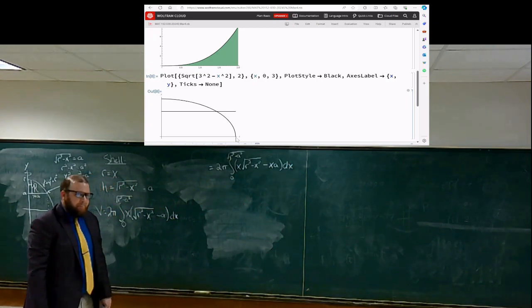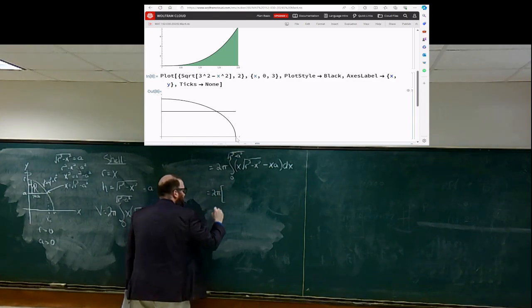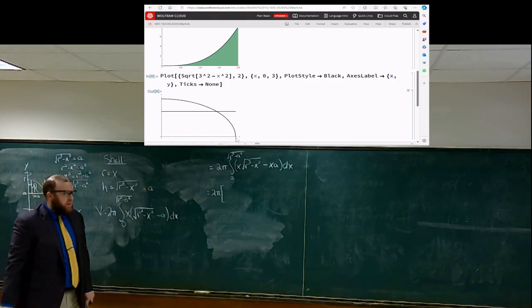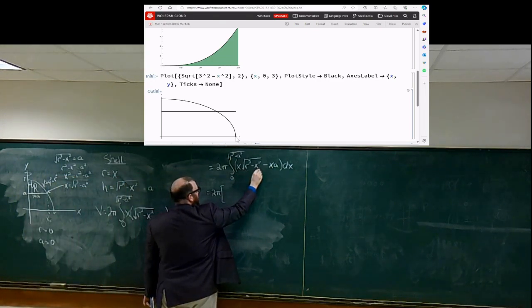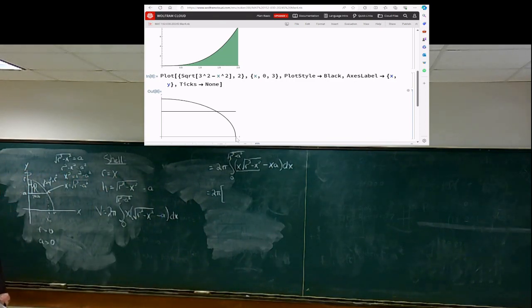Distribute the x through. If you look at this first term, what is the derivative of r squared minus x squared? 2r minus 2x. R squared minus x squared. Is one of them a constant? R is the constant.